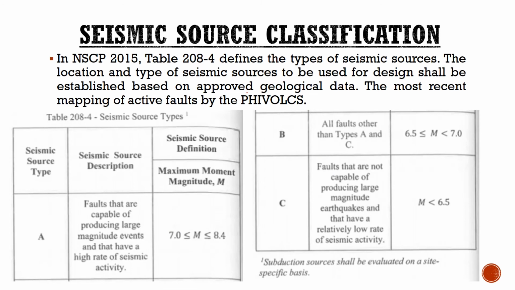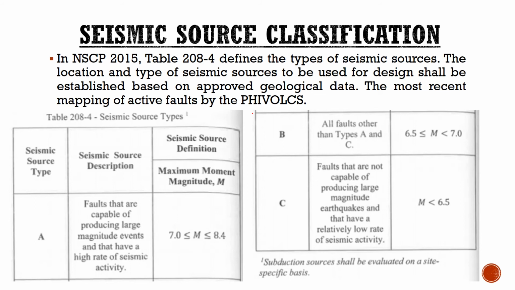But again, we have this counterpart which is the NSCP 2015 table 208-4 which defines the types of seismic sources. The location and type of seismic sources to be used for design shall be established based on approved geological data, so the most recent mapping of active faults by PHIVOLCS. Naa na siya kanina.